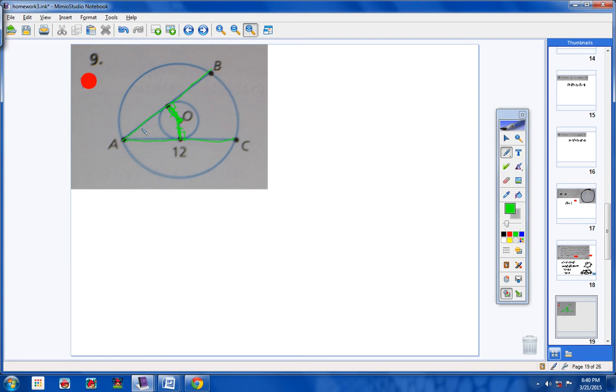Distance from the center of the circle, then they're going to be congruent. So if this chord here has a measurement of 12, then AB will also have a measurement of 12.